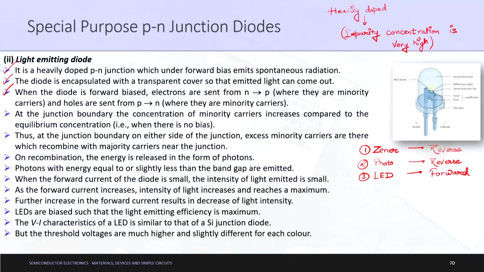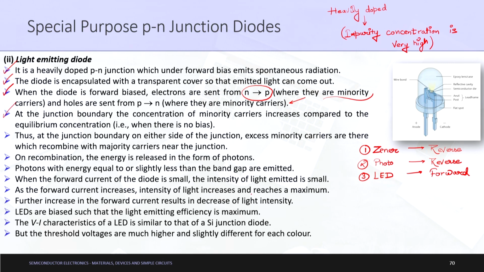When the diode is forward biased, electrons are sent from N to P, quite evident. Majority charge carriers on the N side are electrons only. So, they are being sent from N to P. They are sent to the minority carrier portion, where they are in minority, and similarly holes are sent from P to N, where they are minority carriers. Fine. So, this thing is okay.